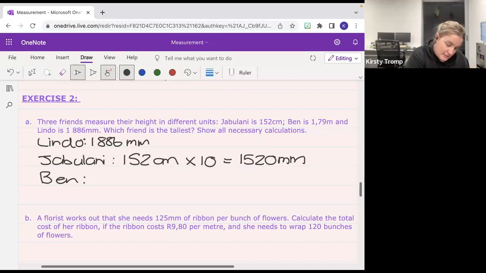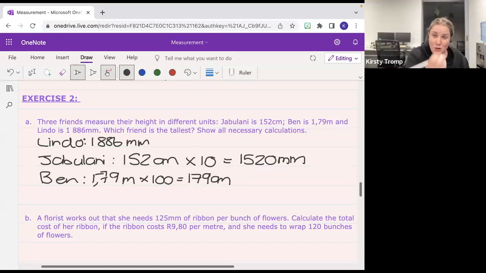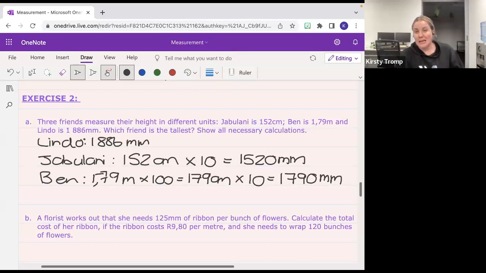Ben's height was 1,79 meters. Well, I know how to go from meters to centimeters. I times that by 100, and that's going to give me 179 centimeters. To go from centimeters to millimeters, I multiply that by 10, and it's going to give me 1,790 millimeters. Now everything is in the same unit of measurement: millimeters, millimeters, millimeters.